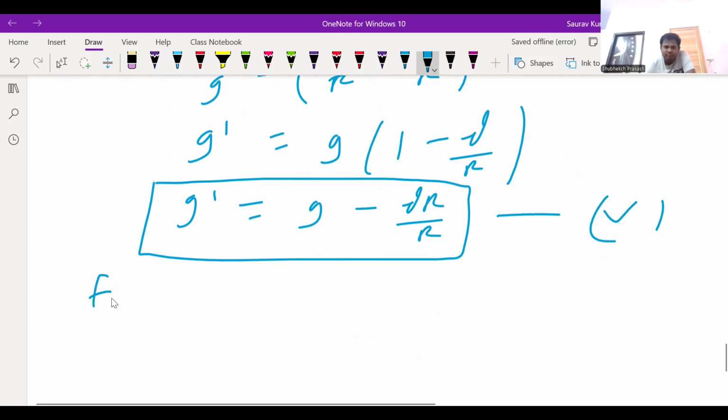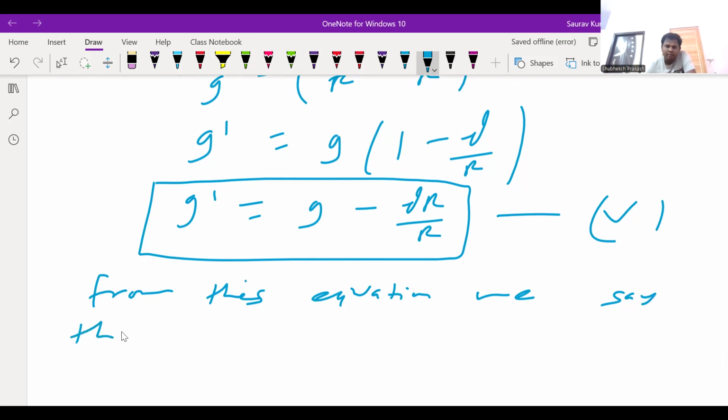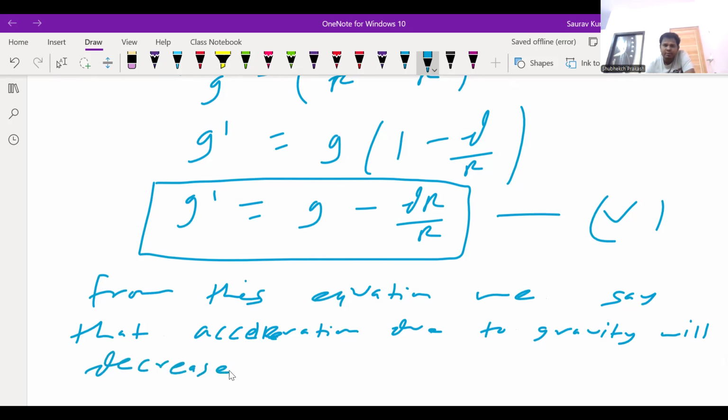From this equation, we say that acceleration due to gravity will decrease below the Earth's surface.